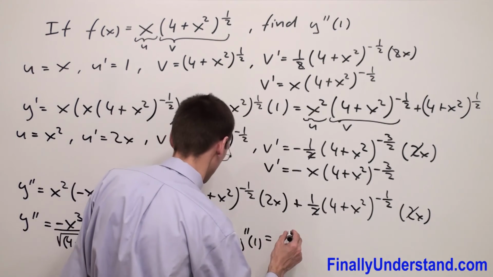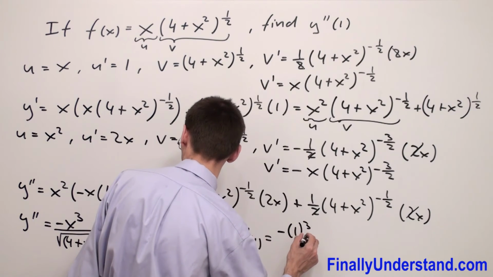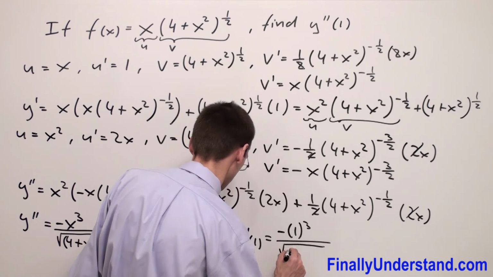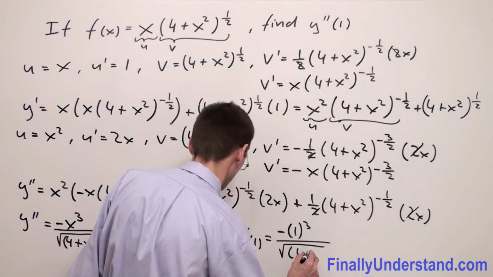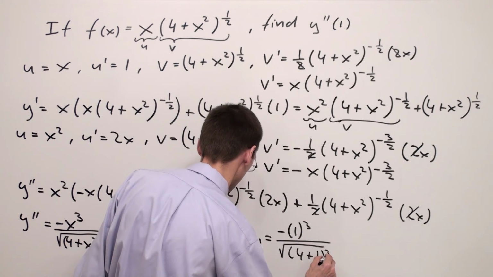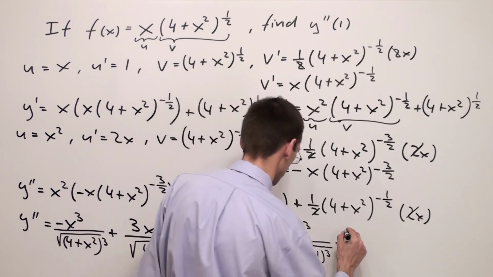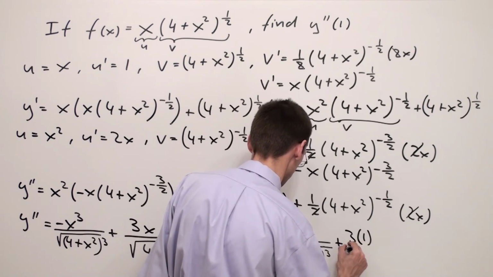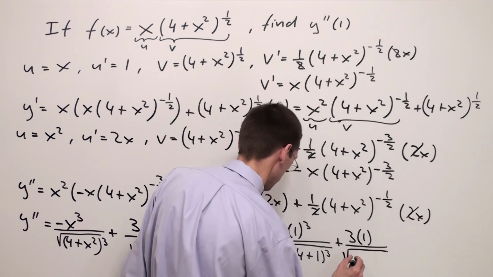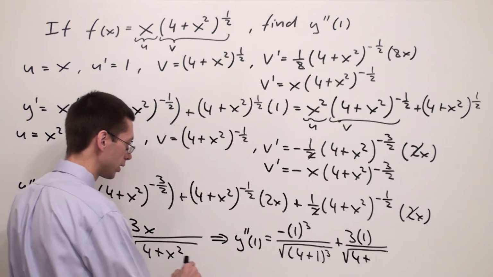So I have negative 1 to the third power over square root, and I have 4 plus 1 to the third power, plus 3 times 1 over square root 4 plus 1 to the second power, which is equal to 1.